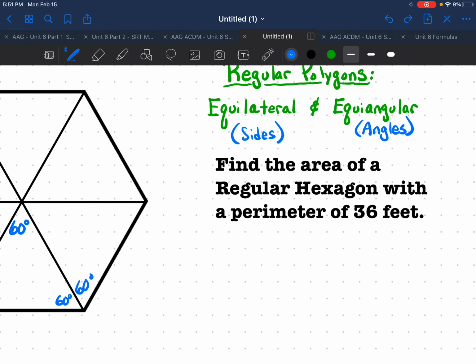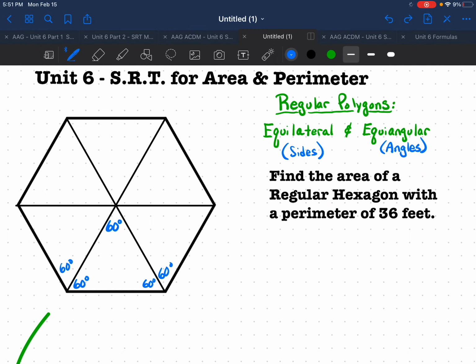Find the area of a regular hexagon with a perimeter of 36 feet. Now let's be careful here. That 36 feet is all 6 sides of this hexagon. So if I want the length of one side, I'm going to take 36 divided by 6 and get 6, so that's the length of this side here, 6 feet.